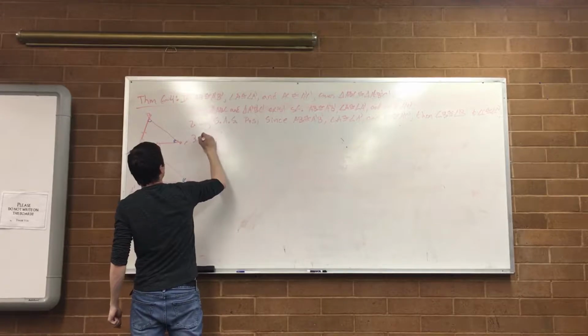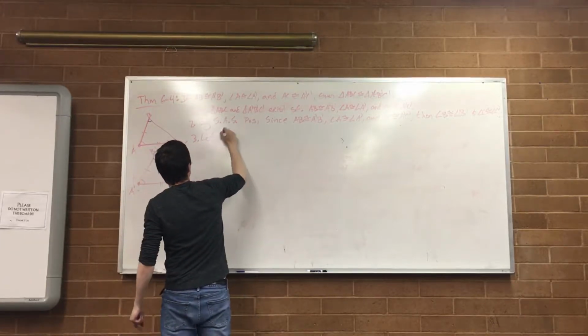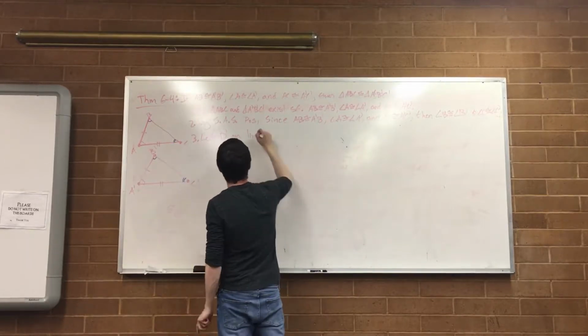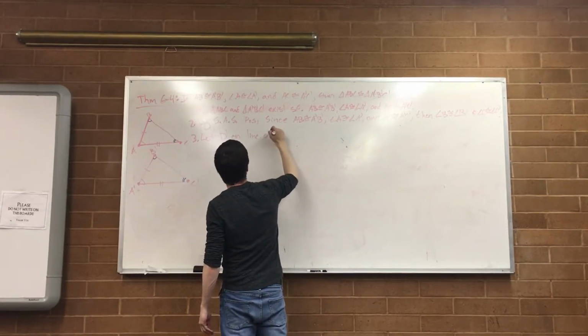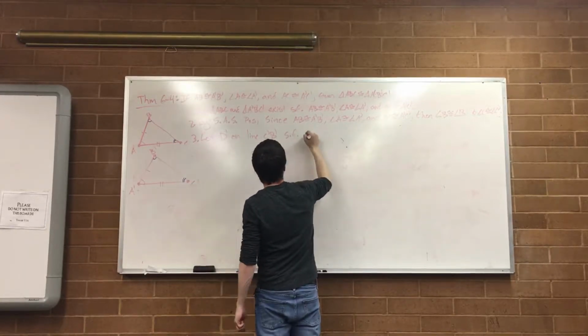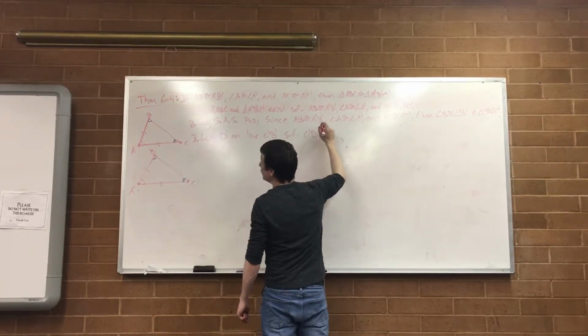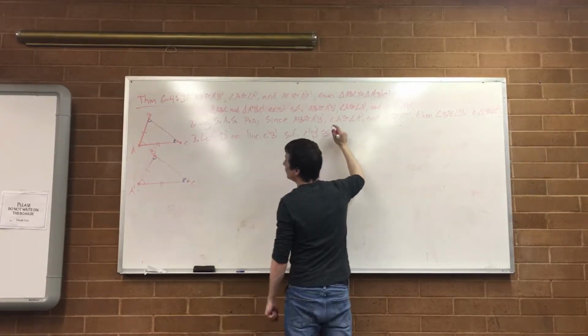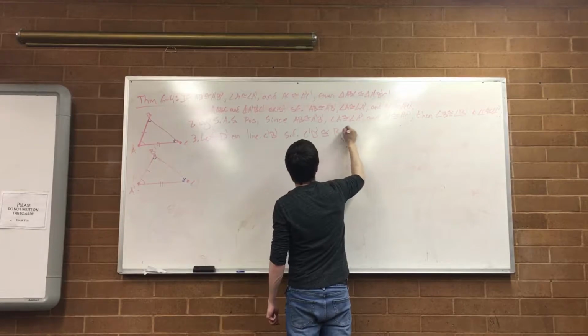So 3. Let D prime be on line C prime B prime such that C prime D prime is congruent to BC.